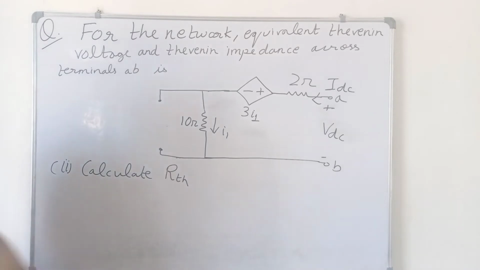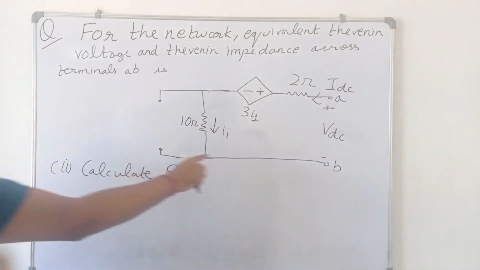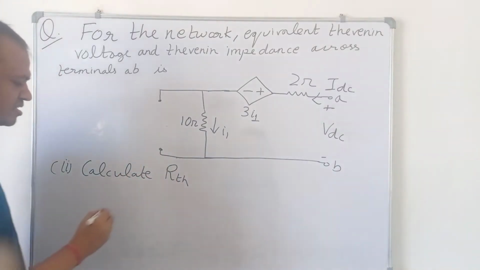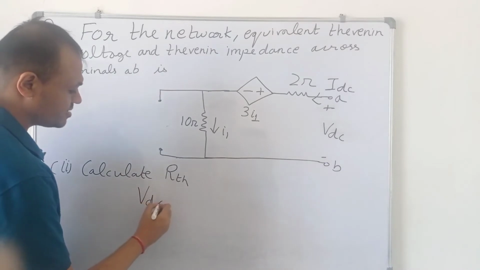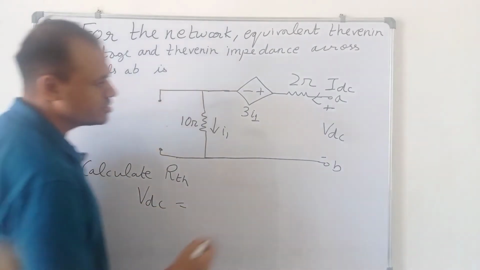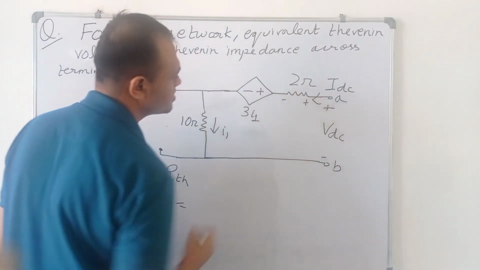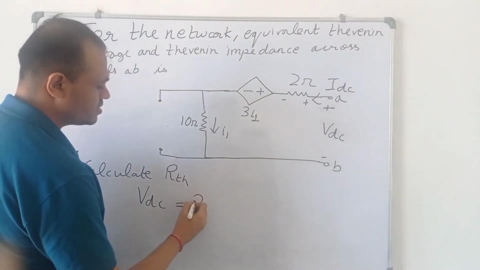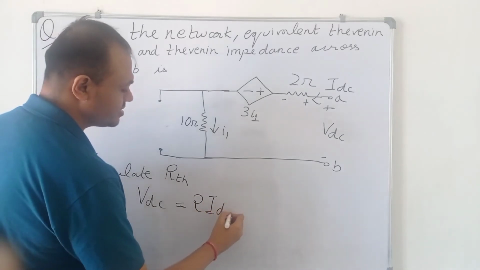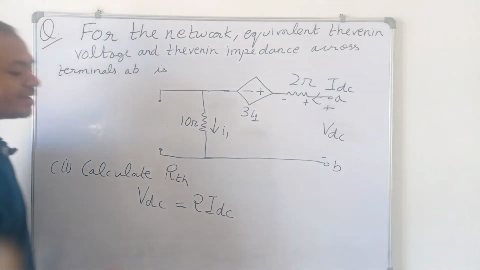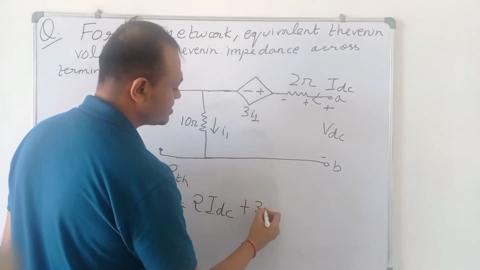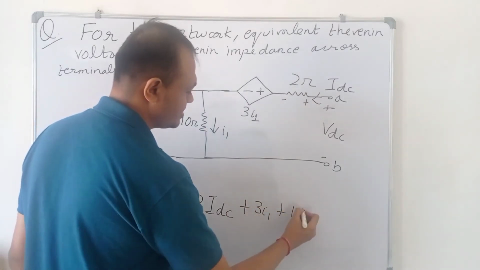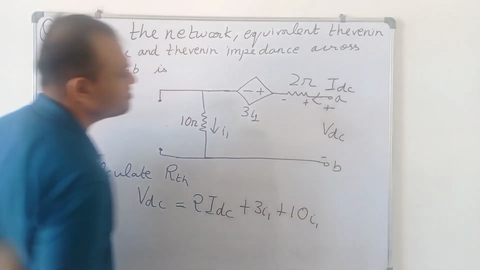Now if we calculate the value of VDC, I1 is equal to IDC. So VDC will be equal to 2 IDC plus 3 I1 plus 10 I1.